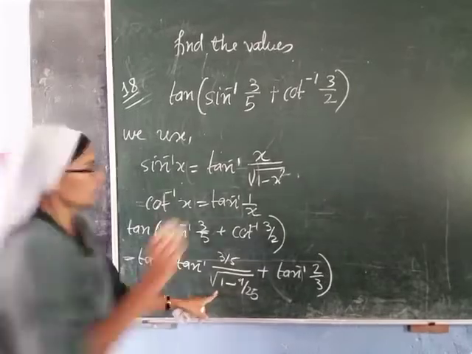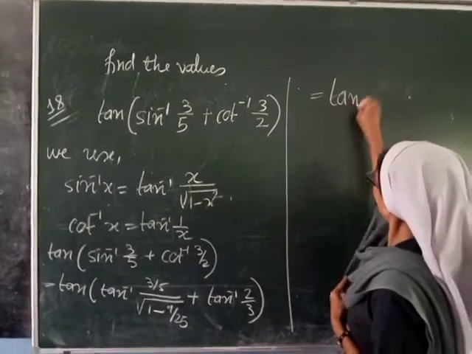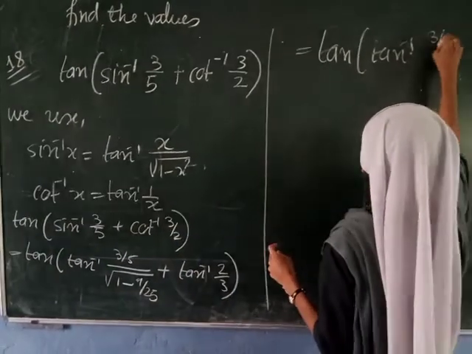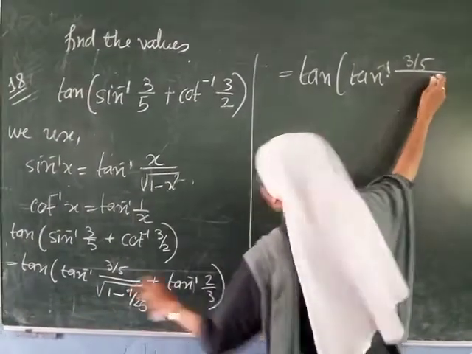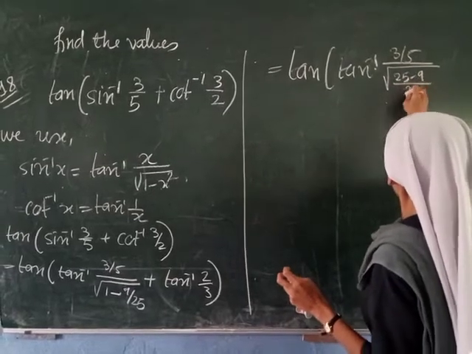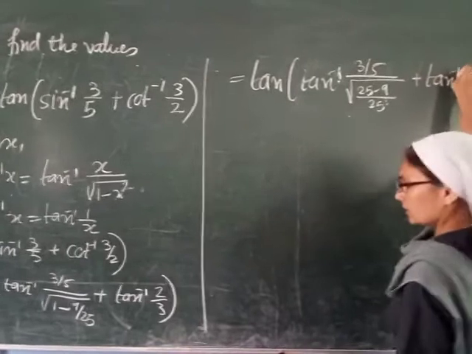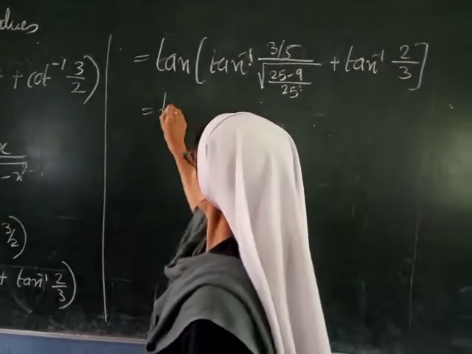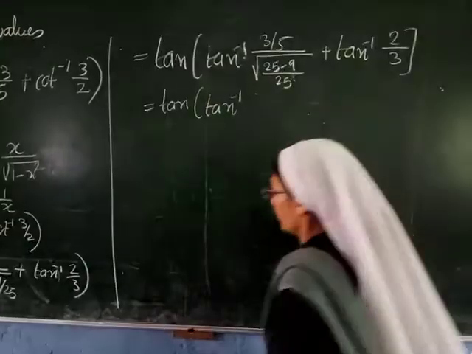Now we have to simplify this first. So equal to tan of tan inverse, numerator is 3 by 5 divided by, take LCM, 25 minus 9, and the denominator is 25. The second part keep as it is, tan inverse 2 by 3. Equal to tan of tan inverse, I will come to this one.